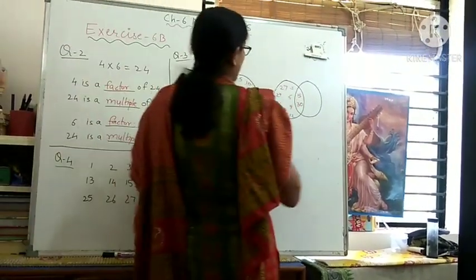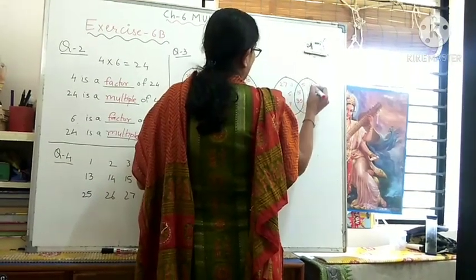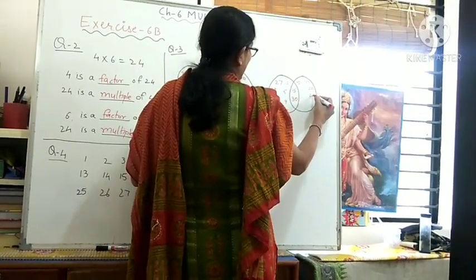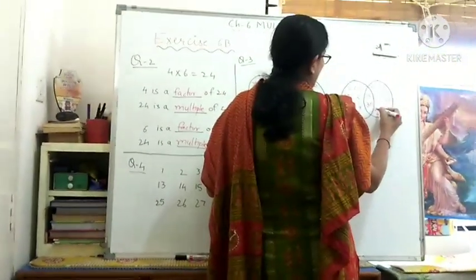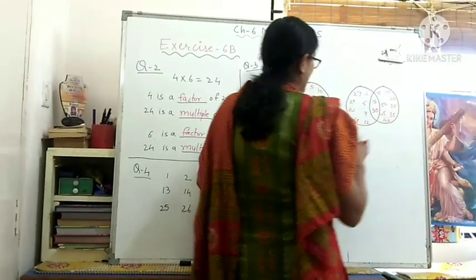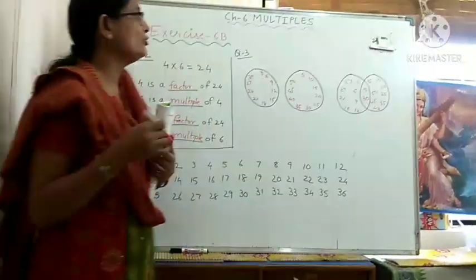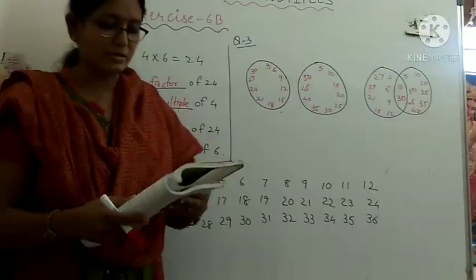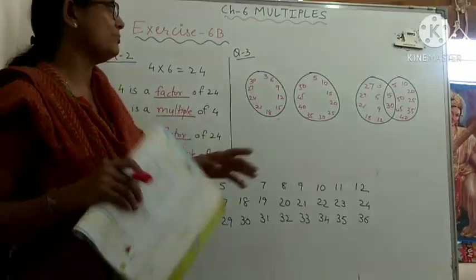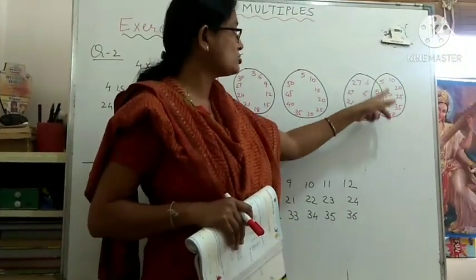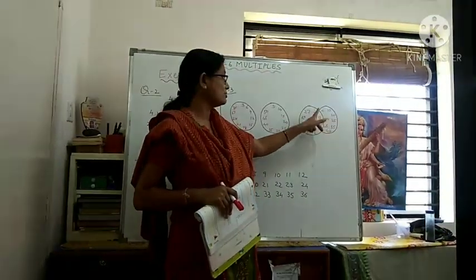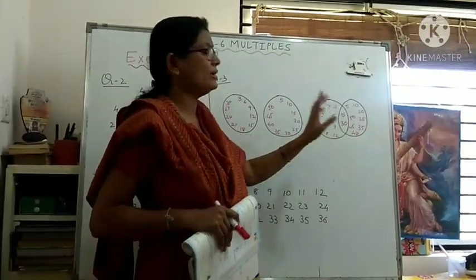Same way here we will write 5, 10, 20, 25, 35, 40, 45 and 50, not 15 and 30. This way you have to write the common multiples in the middle. Why have we written common multiples in the middle? Because this part is common to both circles. So the same numbers are written in the middle part.